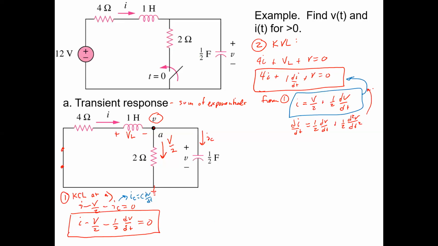You're going to get this kind of nasty equation, but basically, 4 times the sum of the I, which is v over 2 plus 1/2 dv dt, plus di dt, which is going to be 1/2 dv dt plus 1/2 d squared v dt squared, and plus v equals 0, combining those two equations.